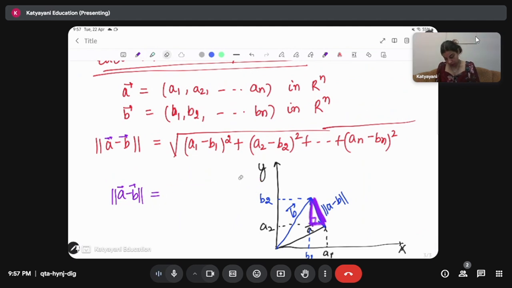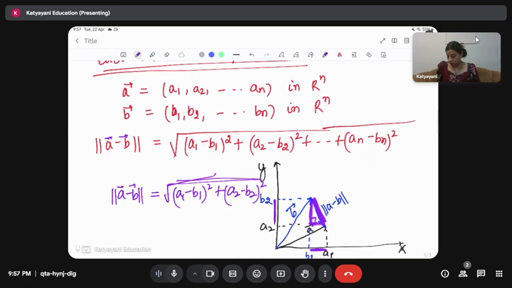So the formula was A1 minus B1 square plus A2 minus B2 square. So you're subtracting A1 and B1, which is the distance base, and the perpendicular is A2 minus B2, right? So perpendicular square plus base square gives you the length of the hypotenuse, right?